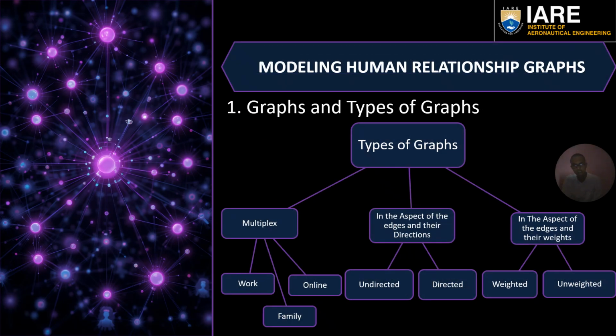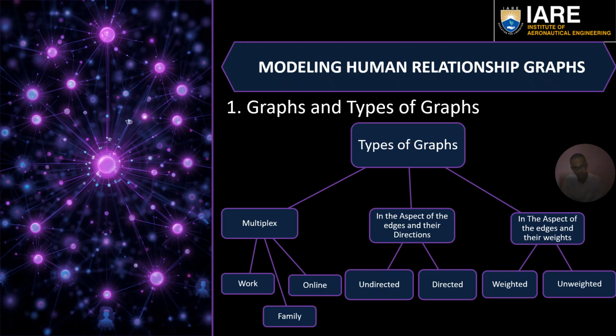Now let's go through the modeling of human relationship graphs. The first aspect I'm going to discuss is graphs and types of graphs. By modeling them through human relationships, we can get three types of graphs.